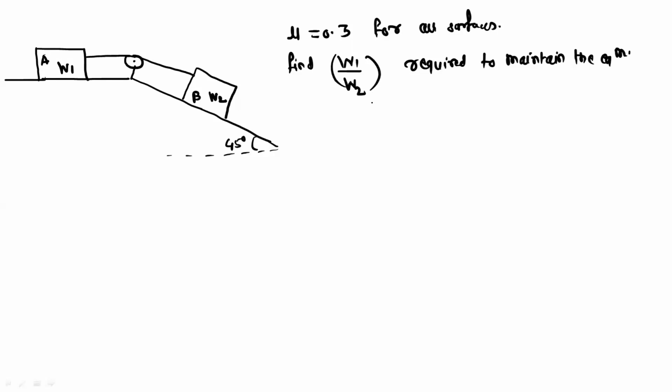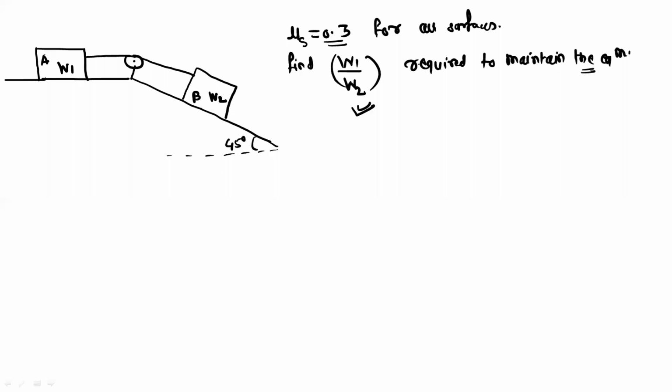W1 is not given, and W2 is not given either. We have to find what this ratio of W1 and W2 should be so that the given equilibrium is maintained. The coefficient of static friction is 0.3 for all the contact surfaces. When you solve any friction problem, you have to observe the impending motion.